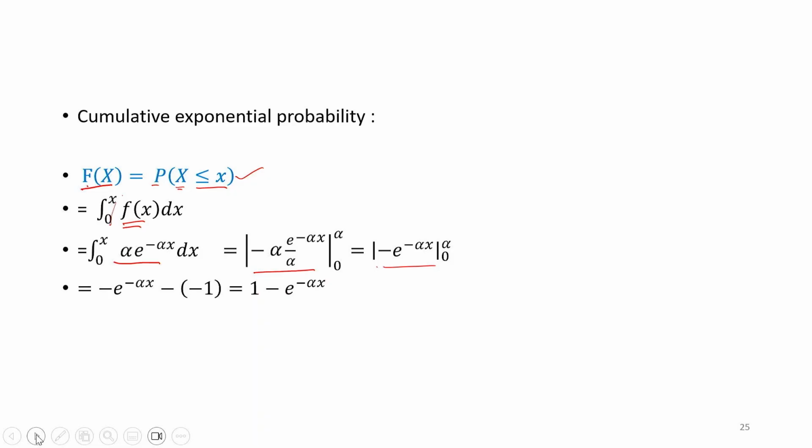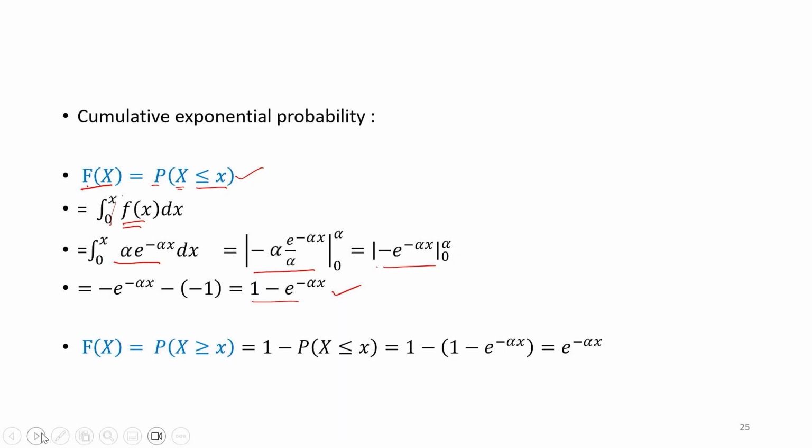If we go step by step, this is a very simple integration. We end up with 1 minus e to the power minus alpha x. So the probability that x takes values less than or equal to x is 1 minus e to the power minus alpha x.